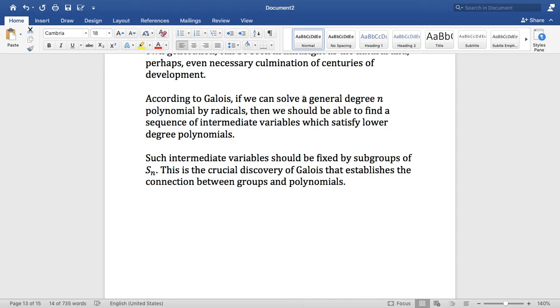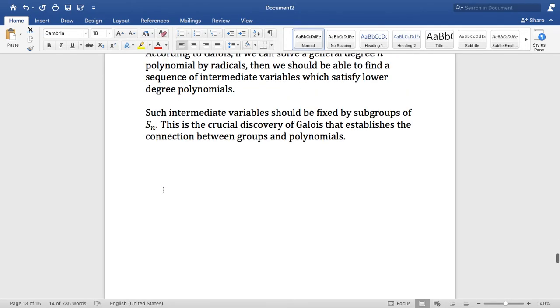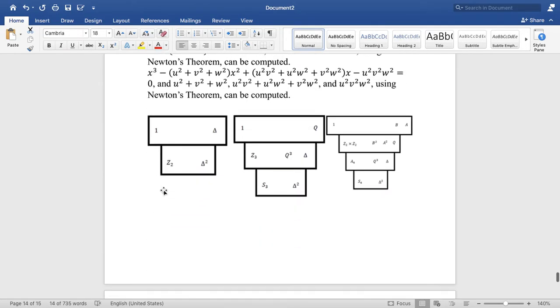According to Galois, if we can solve a general degree n polynomial by radicals, then we should be able to find a sequence of intermediate variables which satisfy lower degree polynomials. Such intermediate variables should be fixed by subgroups of Sn. This is the very crucial discovery of Galois that establishes the connection between groups and polynomials.